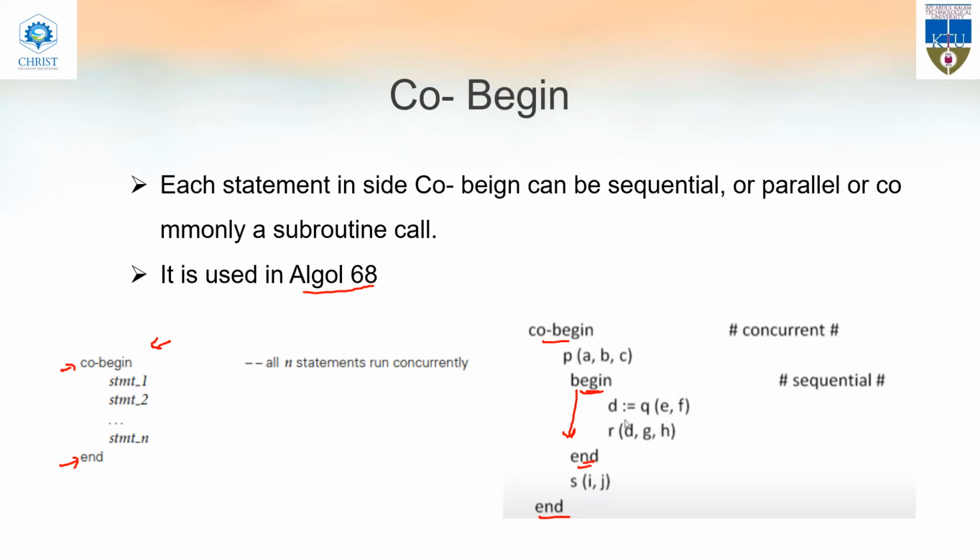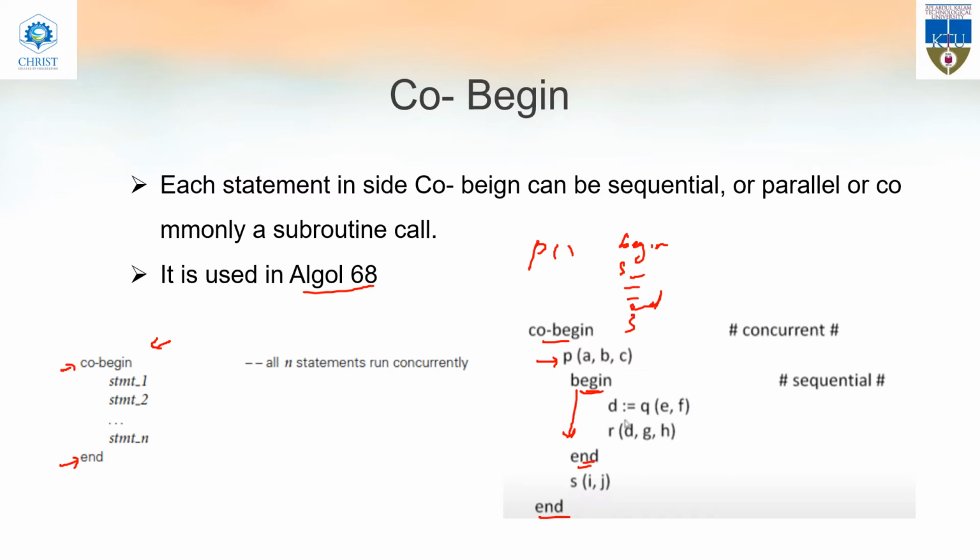So the first statement is a function call. P is a function, so P will get executed. Then there is a begin and end. What is inside this begin and end will be executed sequentially.